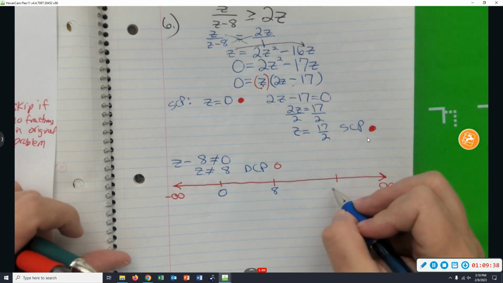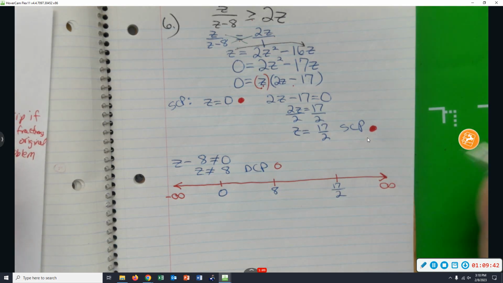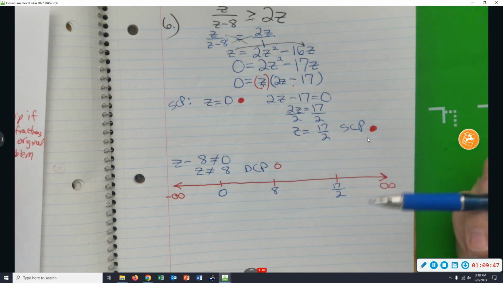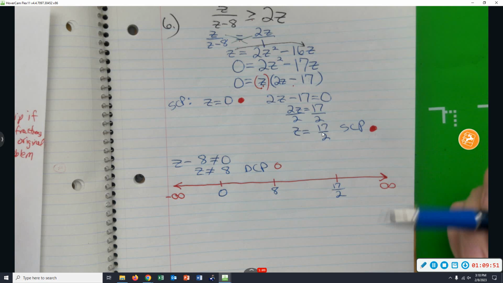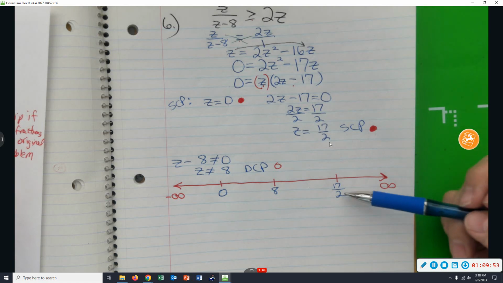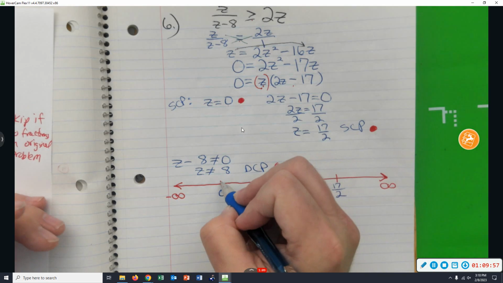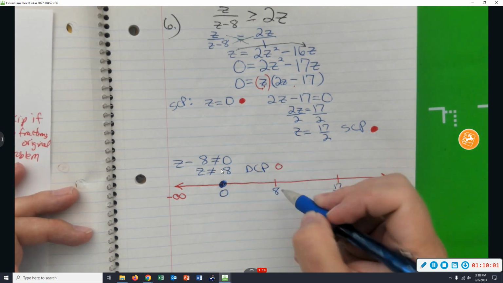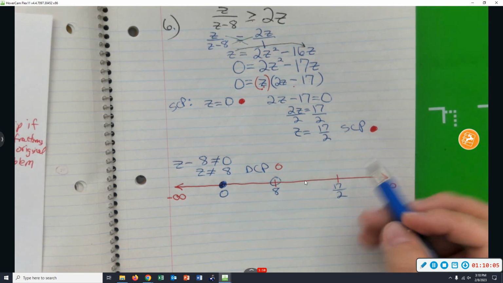That is larger. If you punch into your calculator 17 divided by 2, you get 8.5. So 17 over 2 is to the right of 8. And we said 0 is closed. Here, 8, what are we going to do? Open.